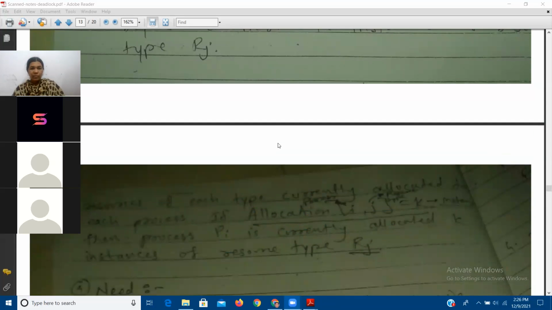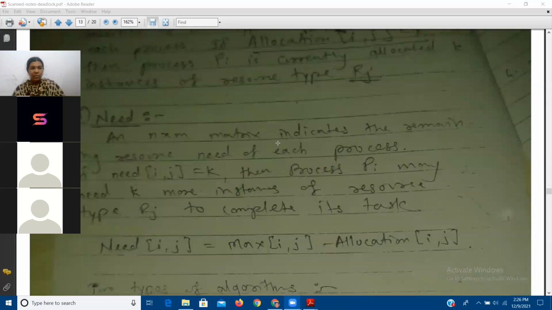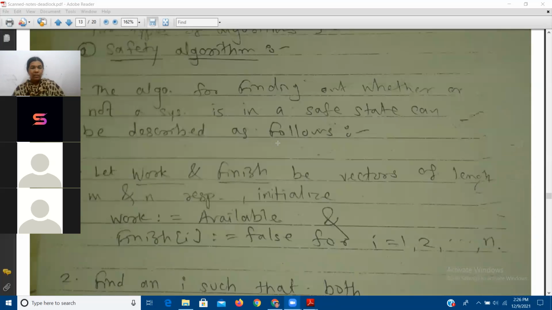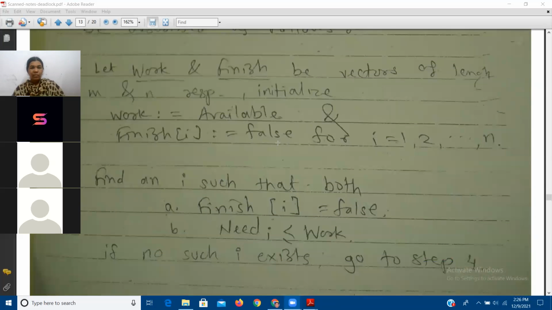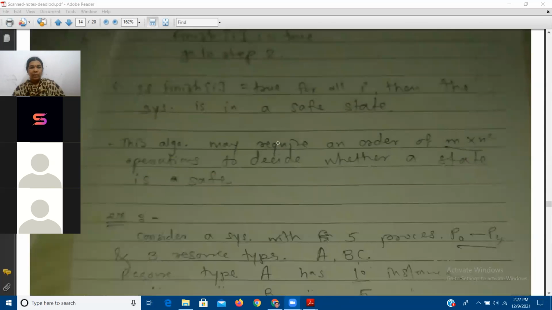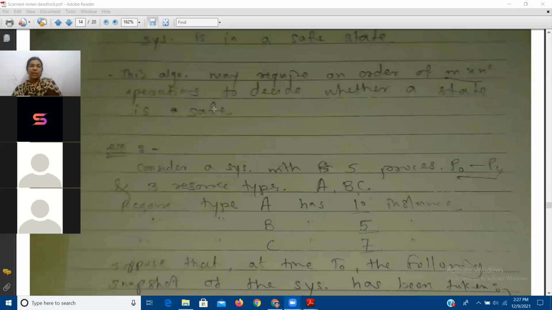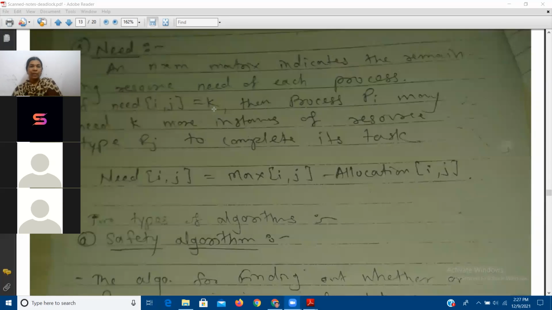Actually, 4 are there. So these are the data structures: one is allocation, another is max, another is available, and the fourth one is need. Here I have written the columns: allocation, max, available, need.